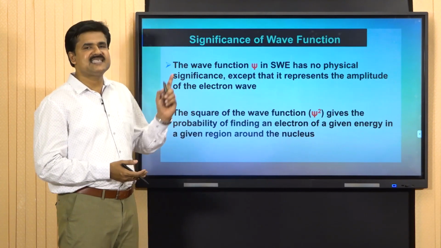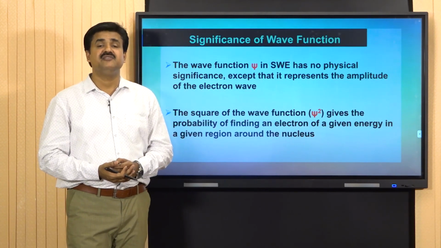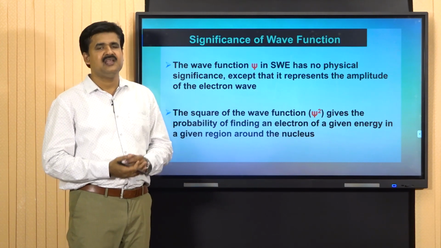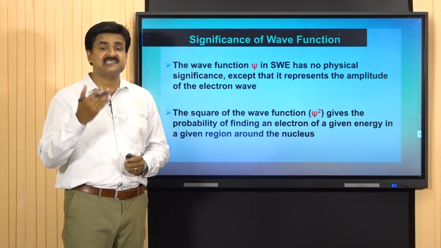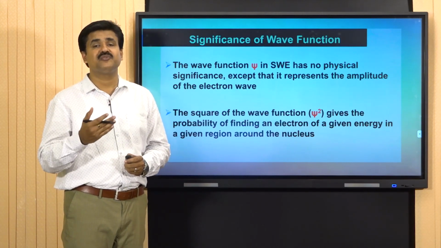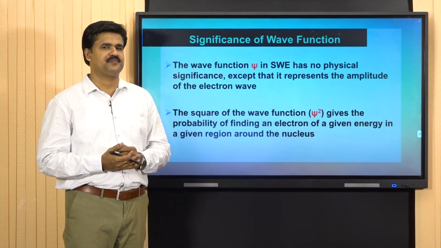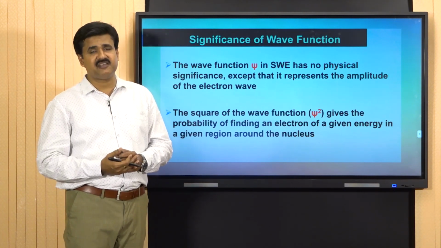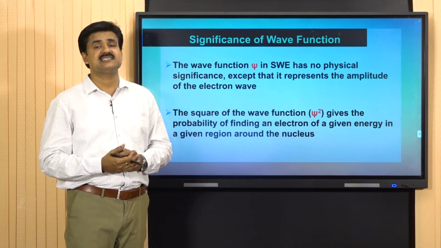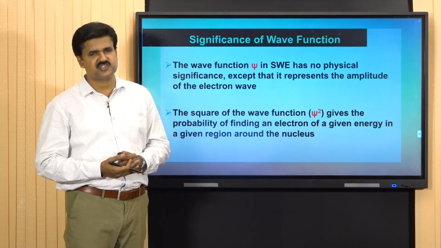Now, the significance of the wave function psi. We know that the wave function psi is an acceptable solution of the Schrodinger wave equation. If we are dealing with the time independent Schrodinger wave equation, psi is known as the stationary state wave function.